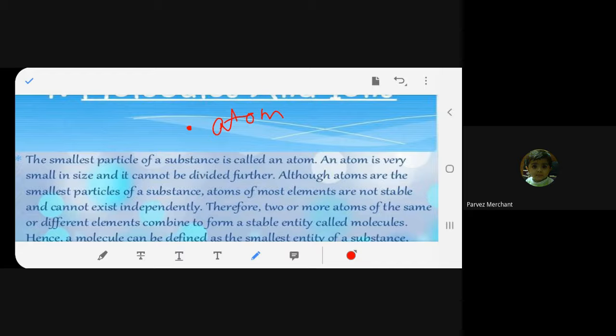Now, this smallest particle, which we call an atom, is not stable. That means they need someone to join. They need someone to unite. They need another particle of that kind to unite, to join, to become stable. Now, do you understand what I said? So, this atom needs another atom.